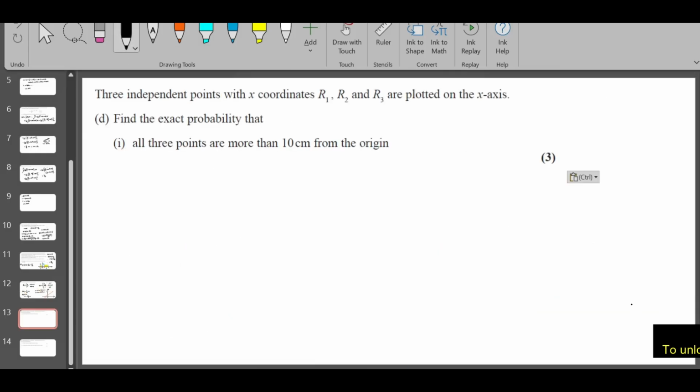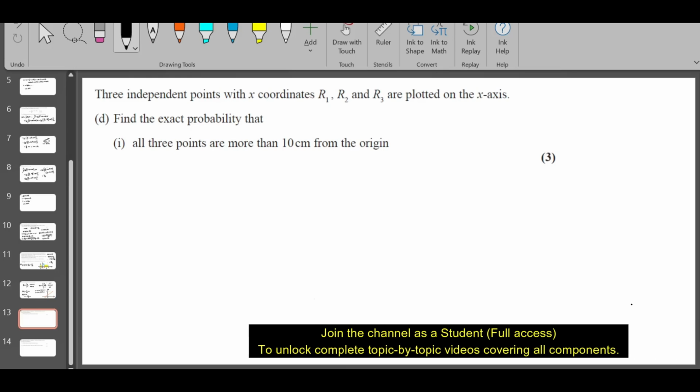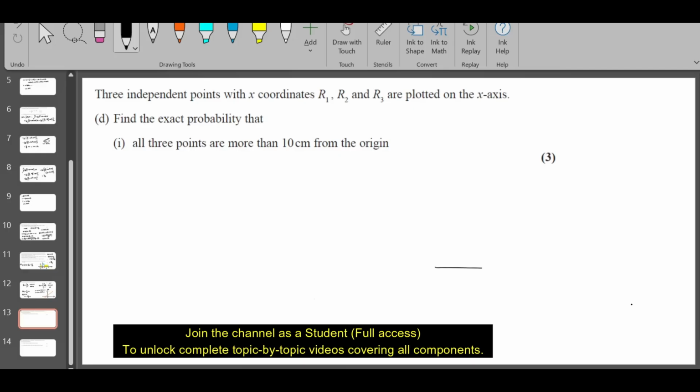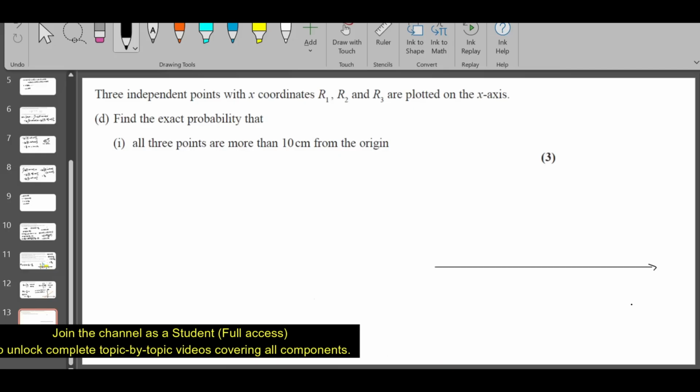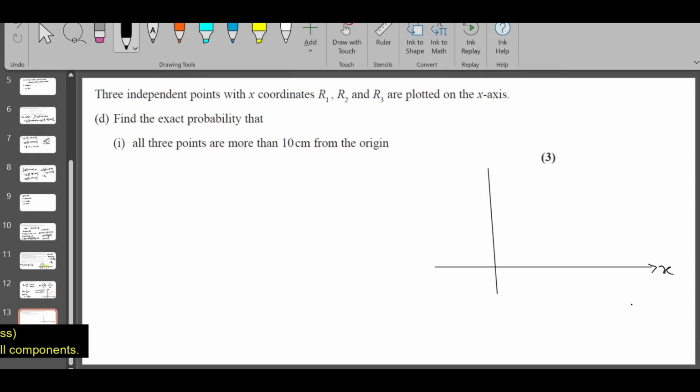Part D now. 3 independent points with the x coordinates r1, r2 and r3 are plotted on the x-axis. Okay. We have the x-axis here, and f of x is here. I'm going to take it as r and f of r.